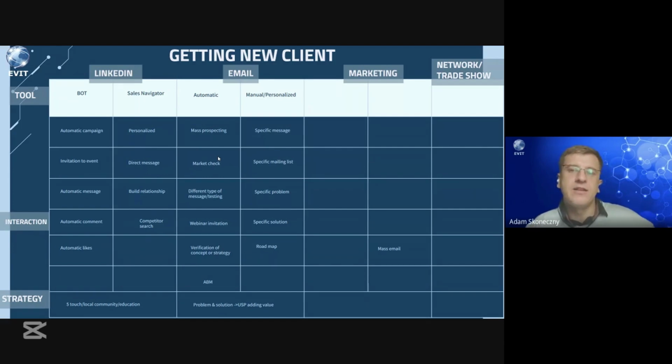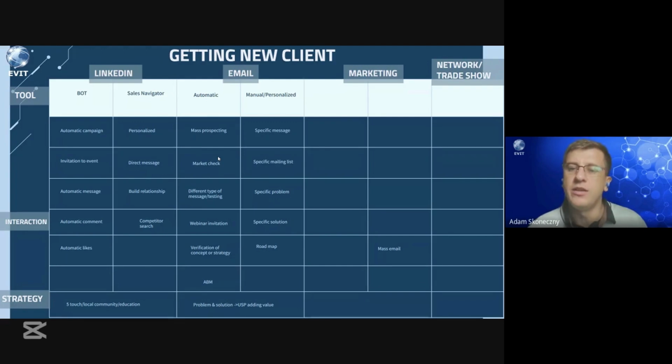The message sounded like we are cheaper, we are better, and then we bring them a new message where we talk about the problem and how we solve it, and on average we got 4 times better results compared to the previous message. Sometimes with some companies we got 7 or 8 times better results in the response in the client acquisition process.